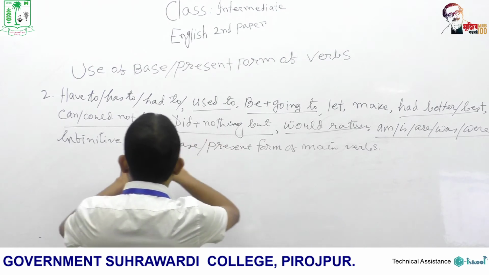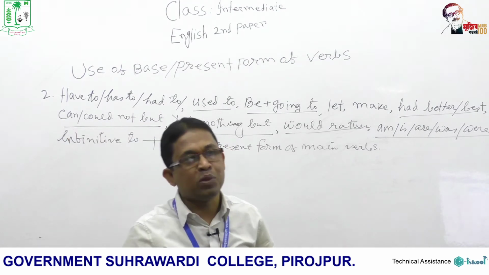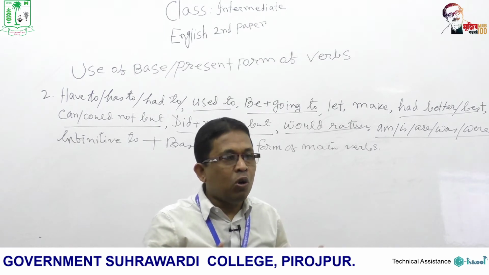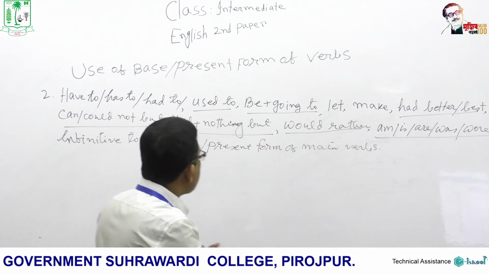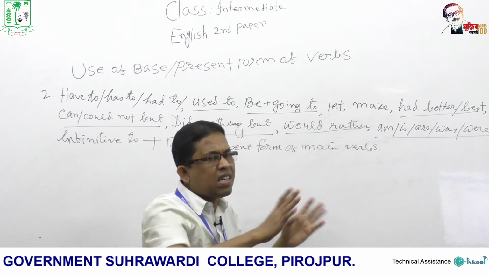That is, after all these words and phrases, we are to use the base form or the present form of main verbs. So you should memorize all these words and phrases.